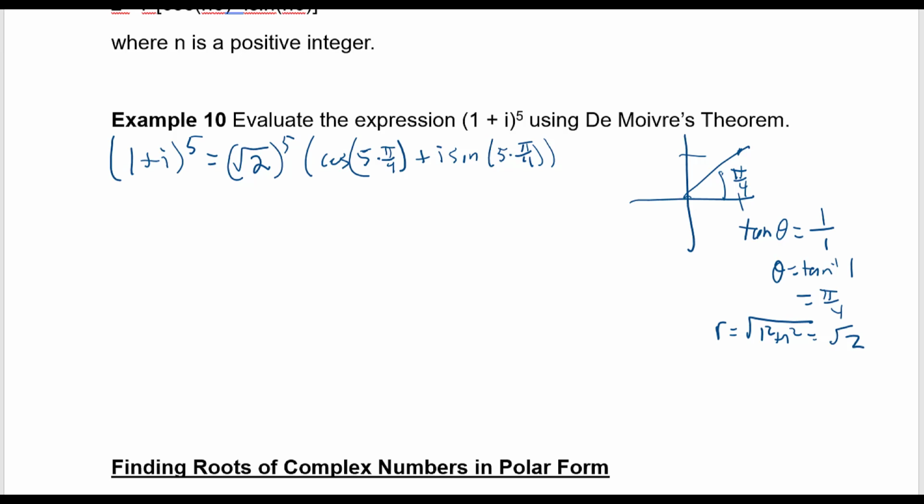And just to give you the reference, 1 plus i is the square root of 2 times cosine of pi over 4 plus i sine of pi over 4.